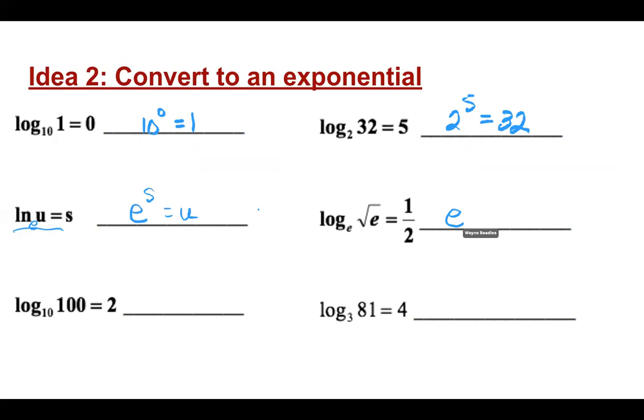This would usually be written ln, but I wrote it this way. e to the 1/2 is equal to the square root of e. 10 to the second is 100. 3 to the 4th is 81. So being able to change these from exponential to logarithm, especially when we have variables in them, is really important. So that's why we practice this.